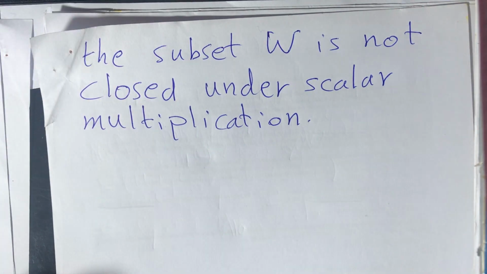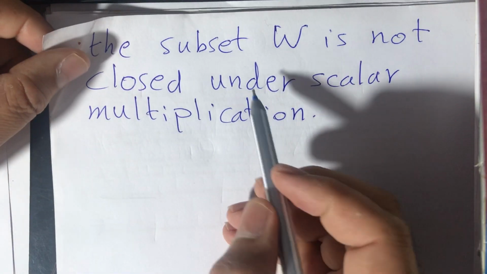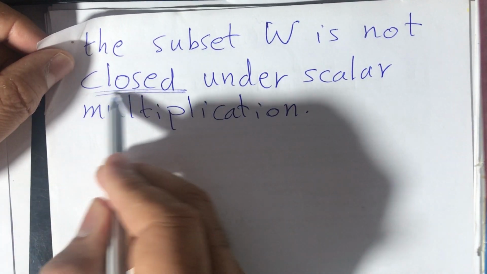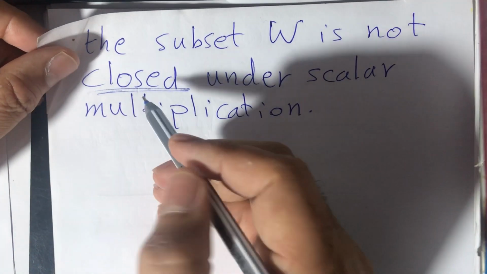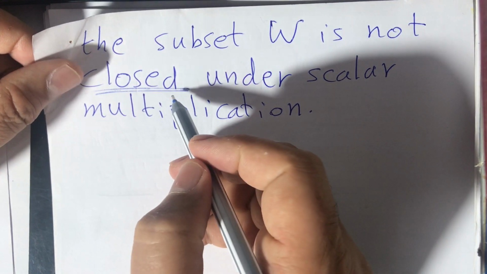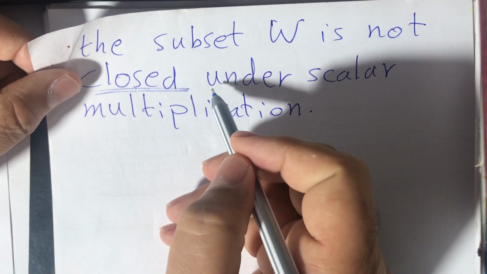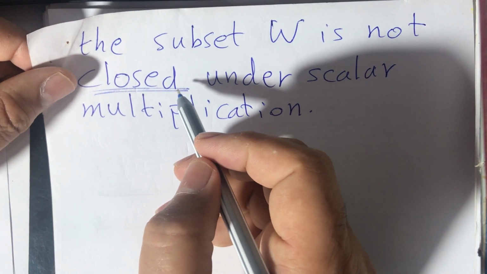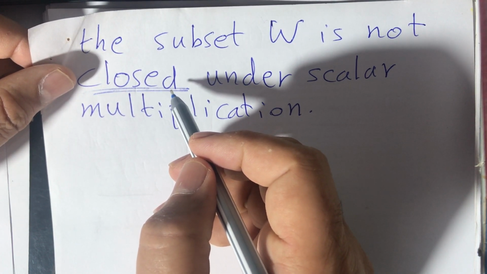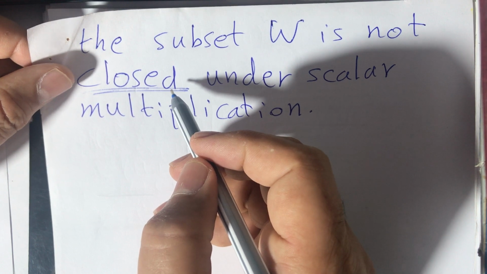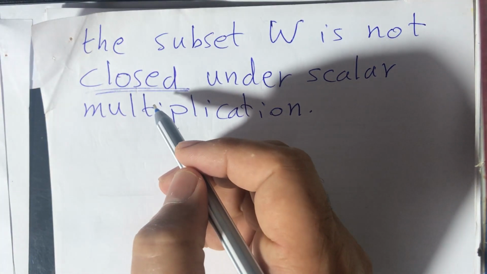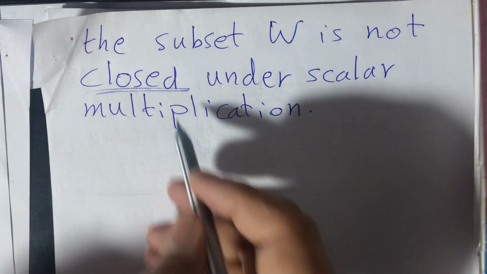What does closed mean? Closed means if I multiply any scalar with a vector, it will belong to this set. If this vector cX belongs to W, it will be closed. If it doesn't belong, we say this is not closed.